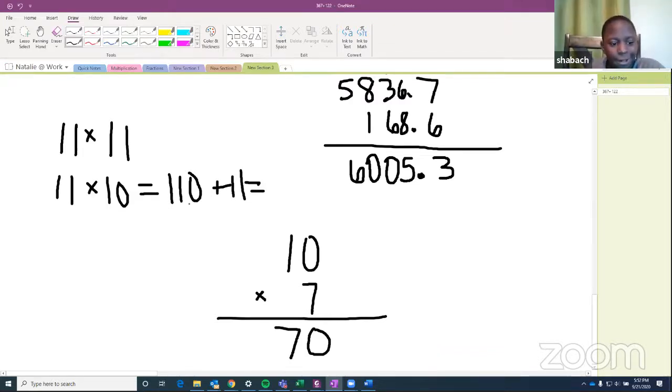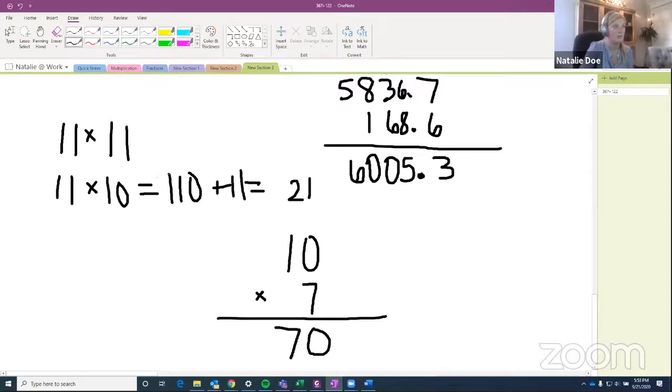So, well, let's add the ones place first, right? So we get 1 in the ones place. Let's add the tens place. So that's 2, right? And then the hundreds place, there's only 1 there. So 121.